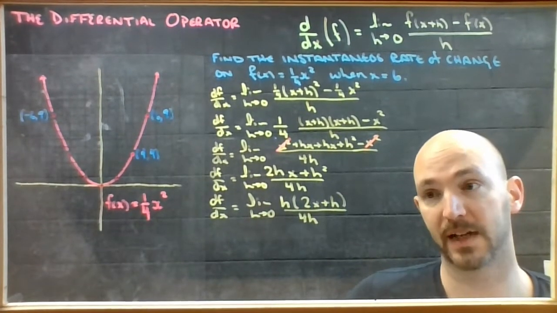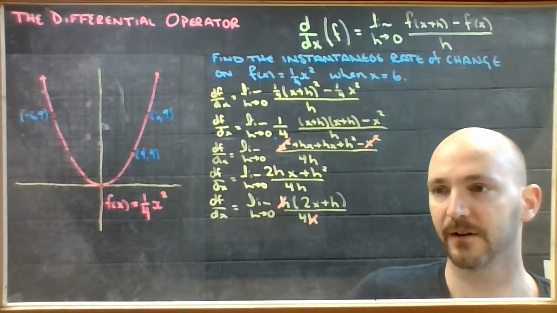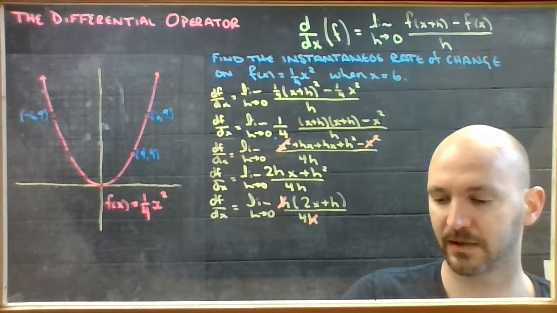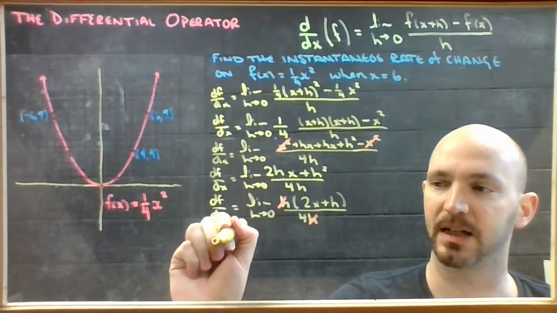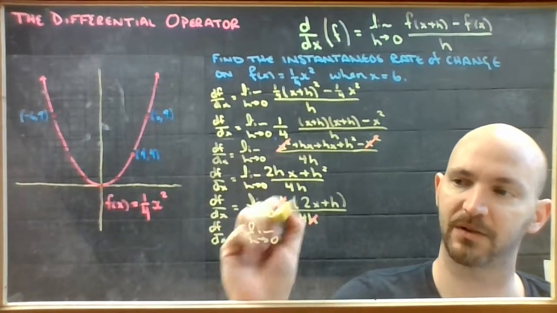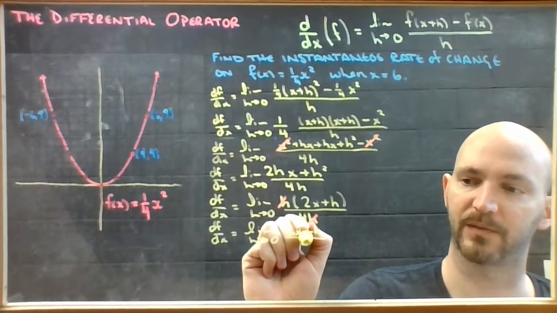And what that allows me to do is to divide out an h here and an h here, leaving me with df by dx is the limit as h goes to 0 of 2x plus h over 4.